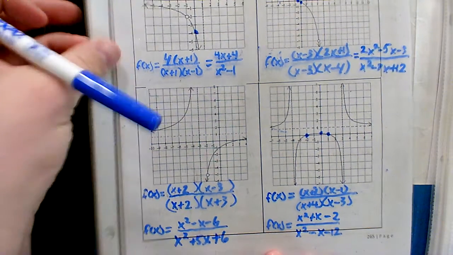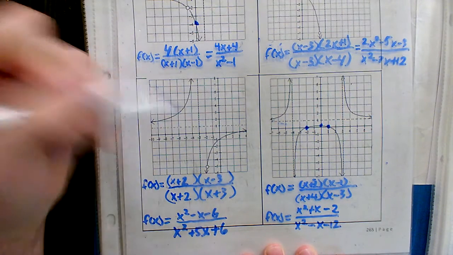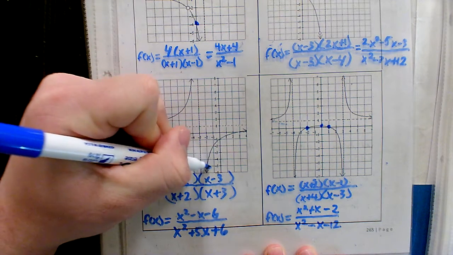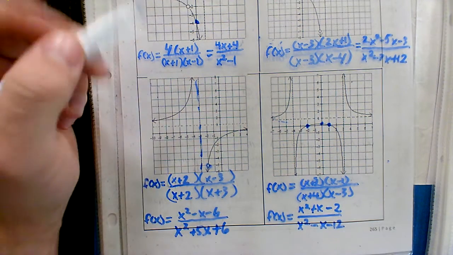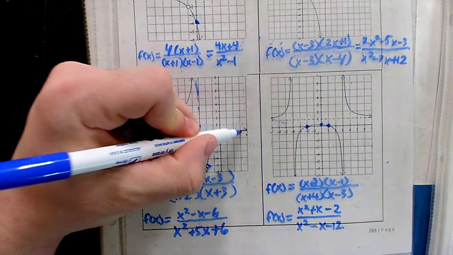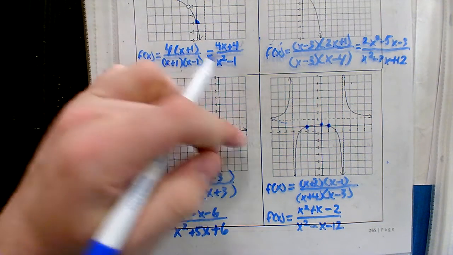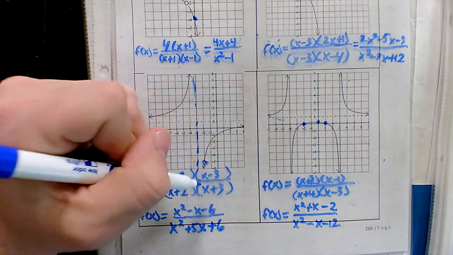So I got x plus 2 on the top and x minus 3 on the top. So there's the value for the hole and the y-intercept. And I had x plus 2 on the bottom, again, that's for the hole. And then I had x plus 3 on the bottom, sorry for that.